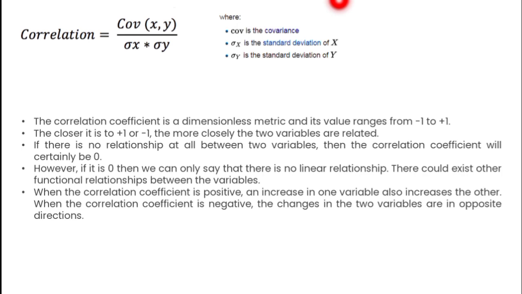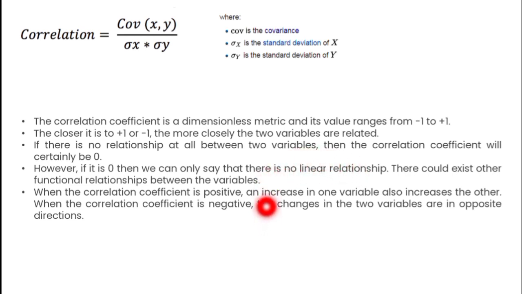If there is no relationship between the two variables, certainly the value will be 0. If the value is 0, I can tell that there is no relationship between the two variables. If there is a relationship, the value should be between +1 and -1.